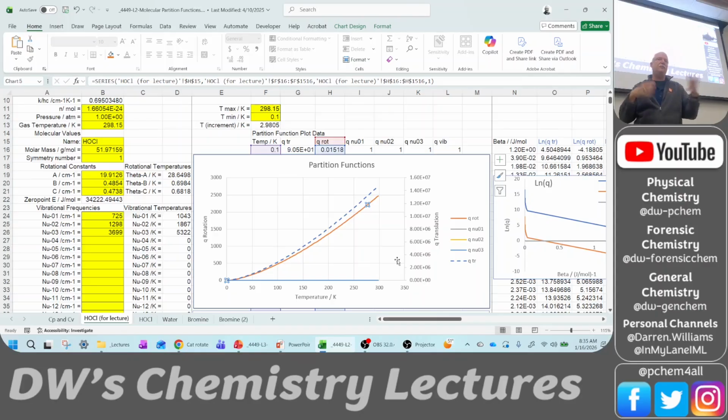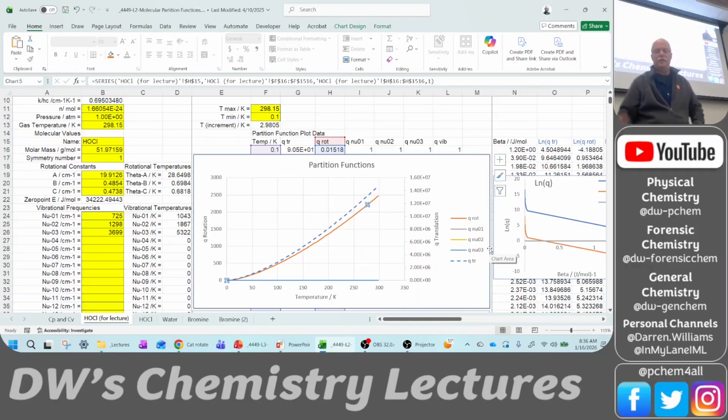It's the translational motion that is carrying all of that heat. So there's a lot of heat in the rotation too, 2,000 versus 100,000, okay? But still, the translational motion has 100,000 energy levels, 100 times more energy levels populated than the rotation levels.